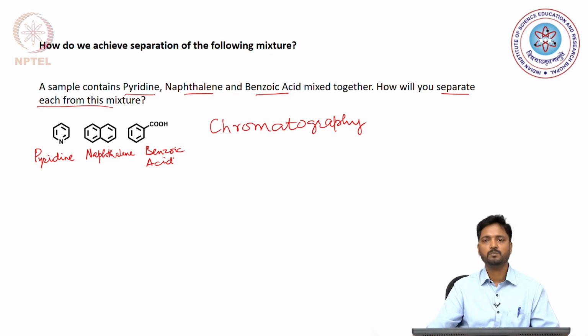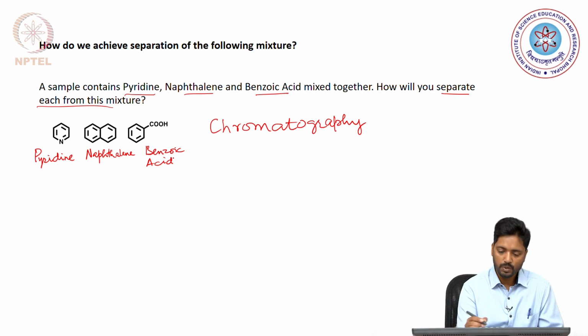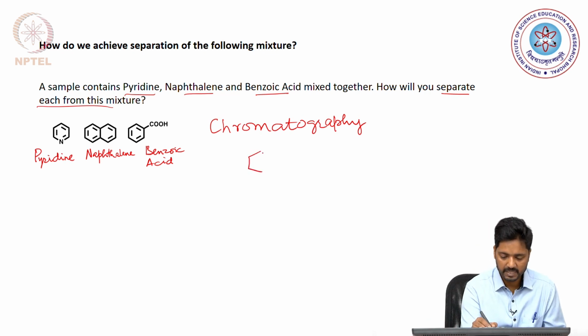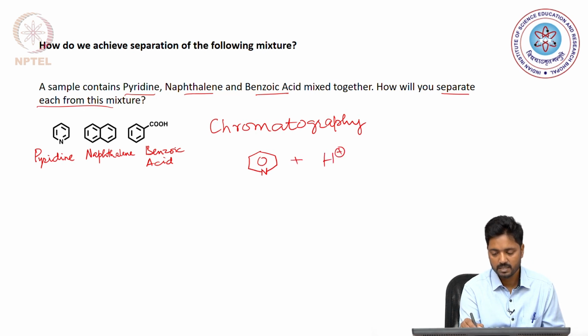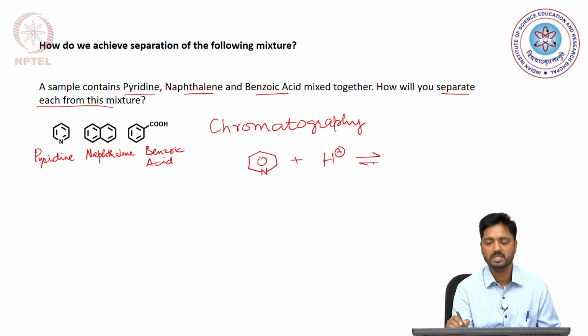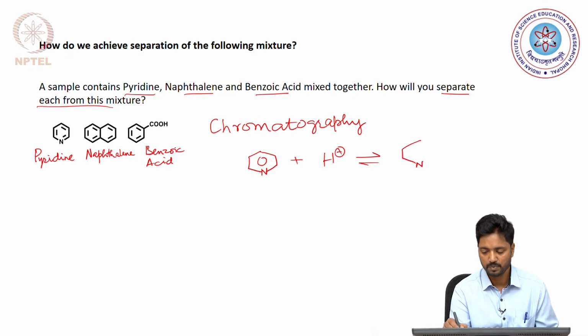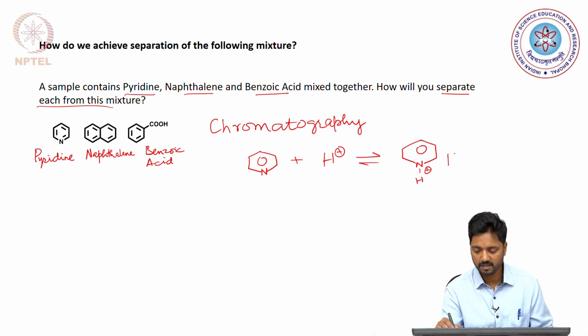And if you see these compounds, what becomes quite clear is that these three compounds have inherently different properties. If you take pyridine, you can easily protonate it, it is a basic compound, and can be protonated under the right conditions of pH to generate this pyridinium cation.